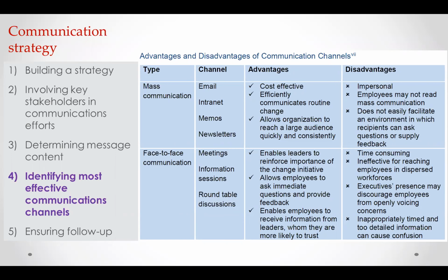The main advantage is that you reach a large number of people more efficiently at a lower cost. But then, because it's impersonal, the moment they read something, they're going to look at, is my department going to be affected by this? Is my job going to be affected by this? If that communication does not address these concerns, I'm going to get worked up.